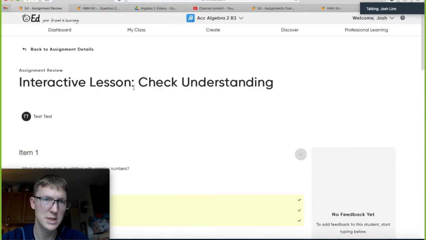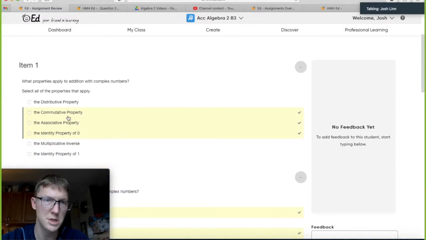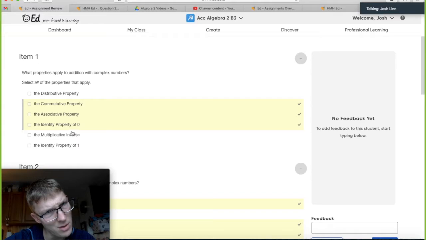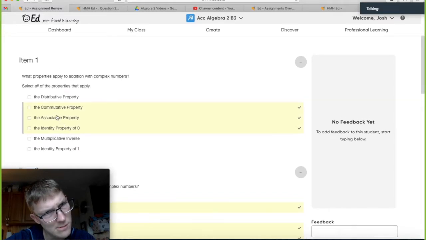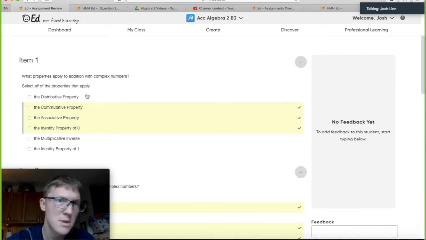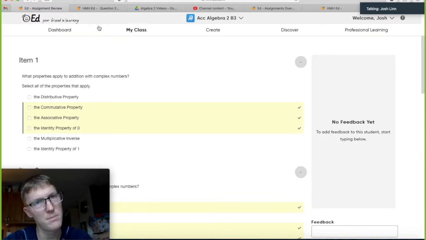Oh, I like to double check my answers just to make sure. Commutative, associative. The identity property of 0. Nope, I don't know where they're getting that from.